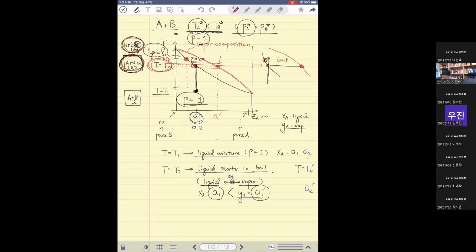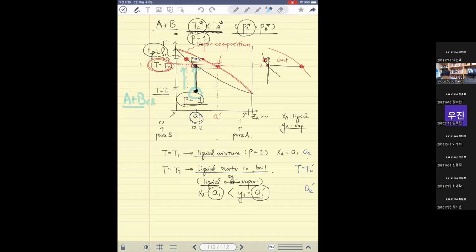One more thing that I can think about is, let's say I started from here again, and I elevate the temperature, and let's say I was somehow able to collect the vapor phase. I had this A plus B liquid mixture, and then I'm going to increase the temperature.